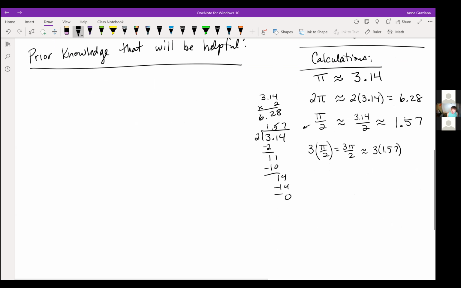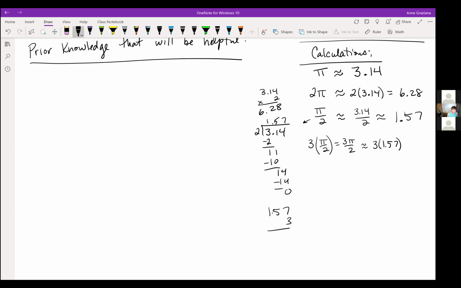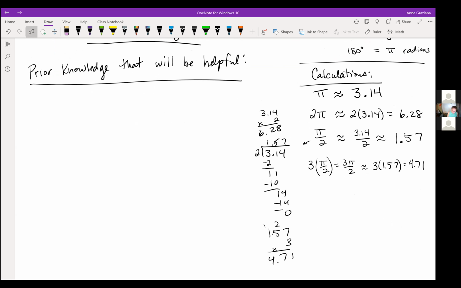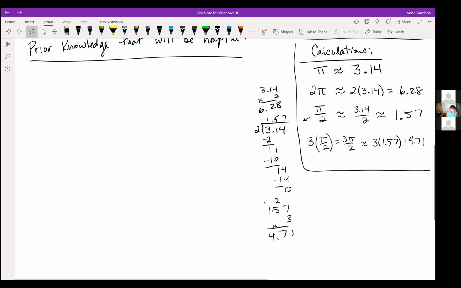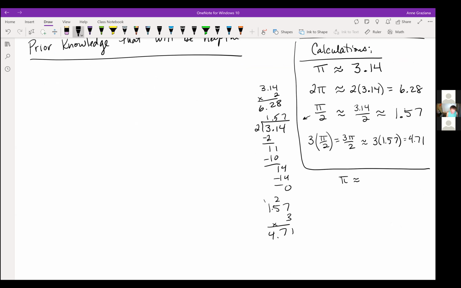So that calculation is 1.57 times 3, which is 4.71. I want you to see where I got these from, because I'm going to use them interchangeably. So just to sum it up, pi is approximately 3.14. 2 pi is approximately 6.28. Pi over 2 is approximately 1.57. And then 3 pi over 2 is approximately 4.71.